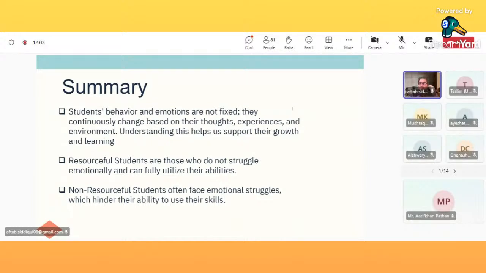Even if the student possesses knowledge and skills, their emotional barriers prevent them from applying those skills effectively in the classroom. This we already learned. Now, considering these non-resourceful students who often struggle with their emotions, we need to see what the first thing is that you can do.